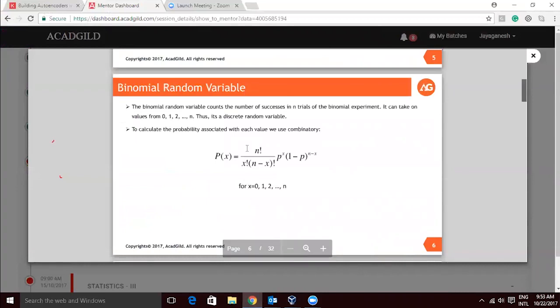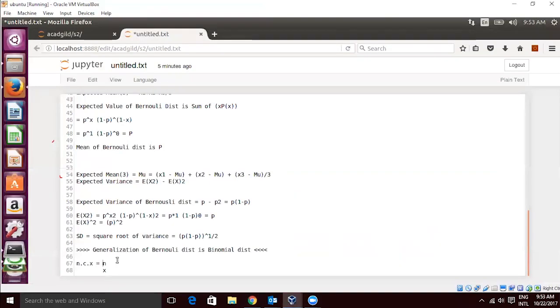So this particular factor is n choose x. What is the formula for n choose x? The formula is n factorial divided by x factorial into n minus x factorial.